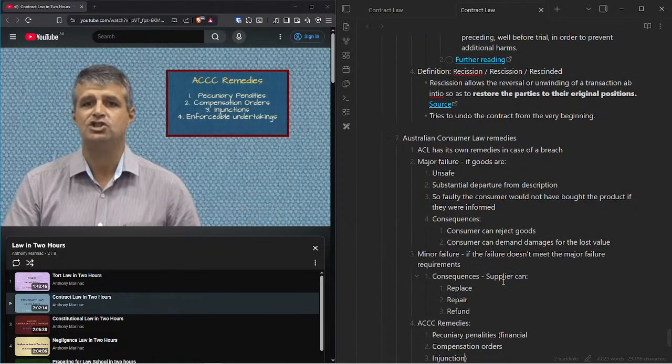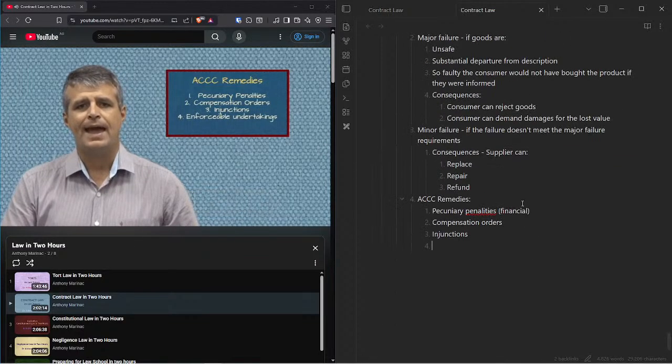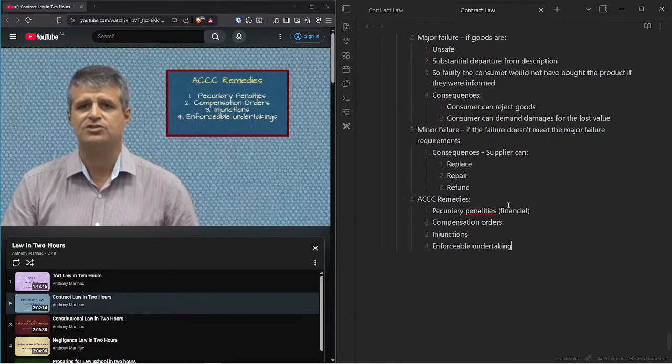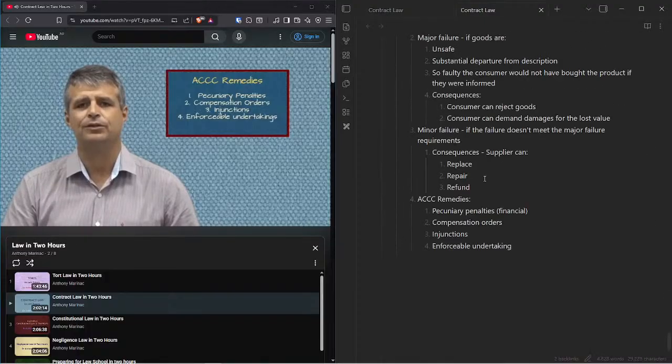They can include an injunction to prevent the supplier from continuing to breach the Australian Consumer Law. And they can include what's called an enforceable undertaking, where the supplier agrees to some course of action which is intended to rectify the harm caused by its product, and where the ACCC can take further action against the supplier if the undertaking is not delivered on.